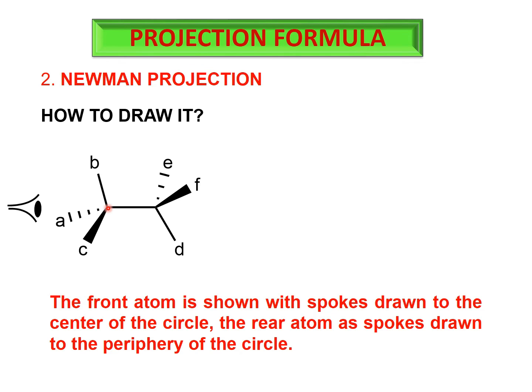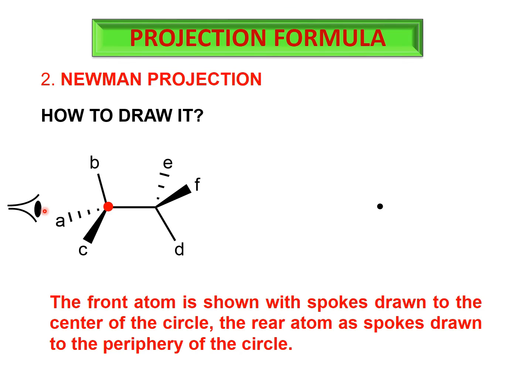The carbon atom that is closer to you is shown as a dot right here. So you put a dot here, and then you draw the groups that are attached to this dot. And we have groups A, B, and C attached to the dot. So you're standing here right in the plane of this screen.